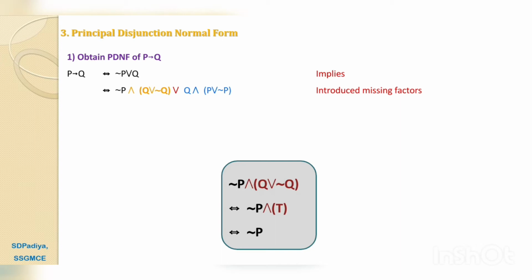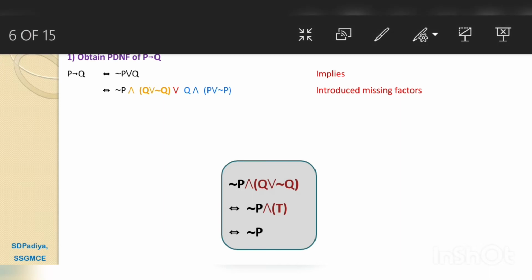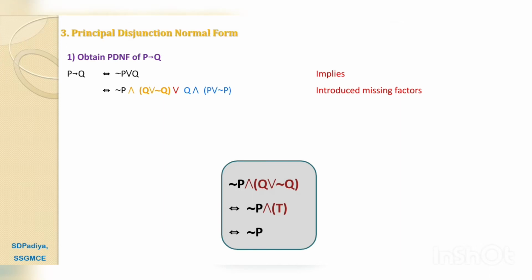In the second term Q and in bracket P or not P, again inside the bracket or and outside the bracket and. That's why we can use the distributive law. By using the distributive law, it will be not P and Q, or not P and second element not Q, or Q and P, or Q and second element not P.